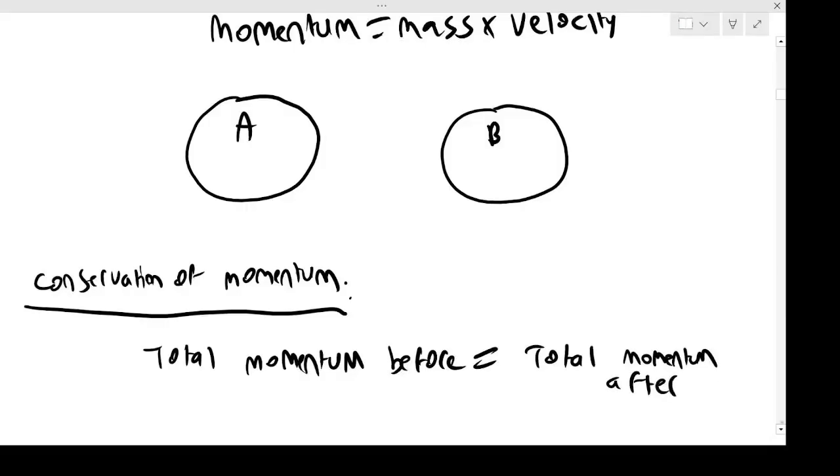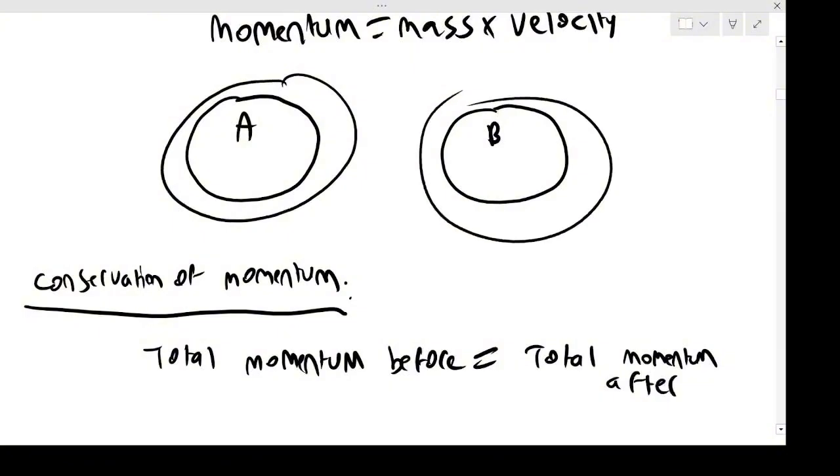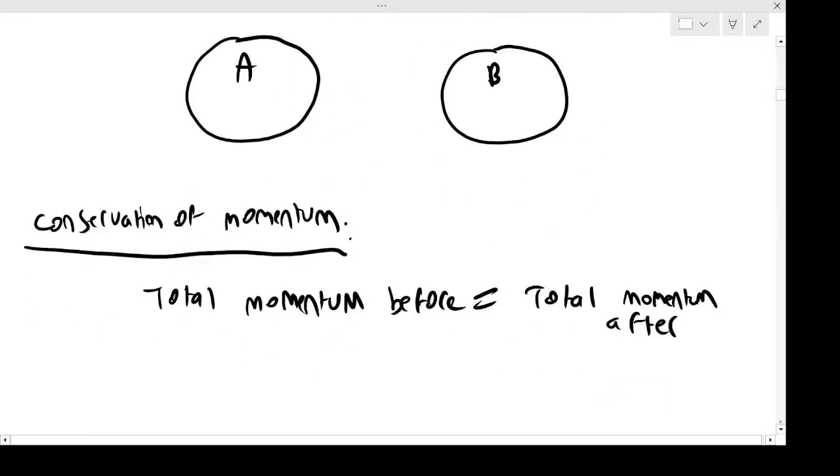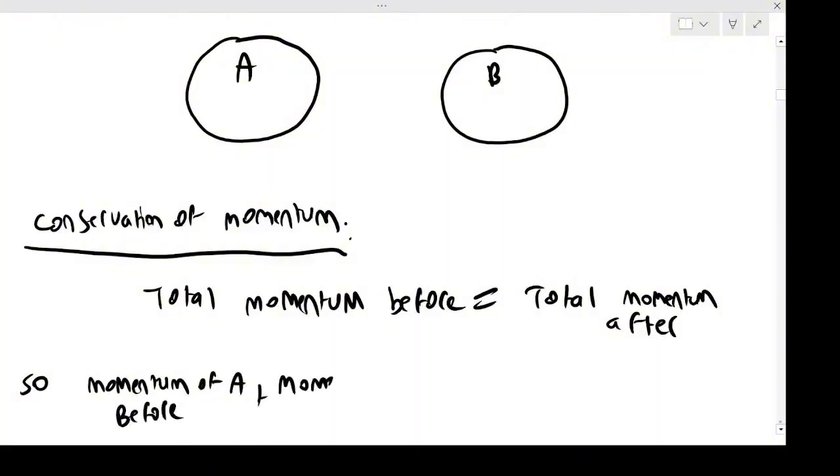Now, obviously here we've got two balls, A and B, so we can further split this up into the momentum of A before plus the momentum of B before the collision.